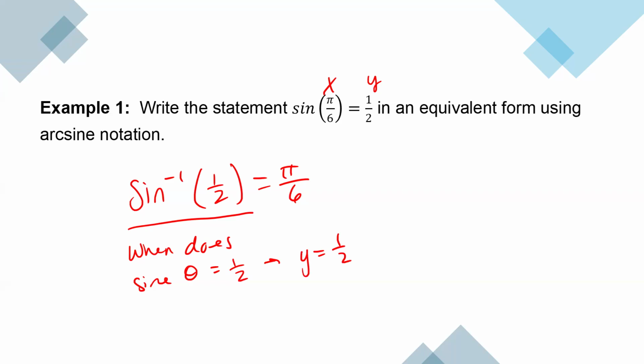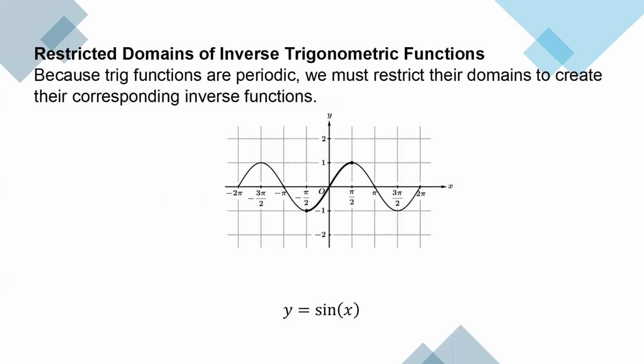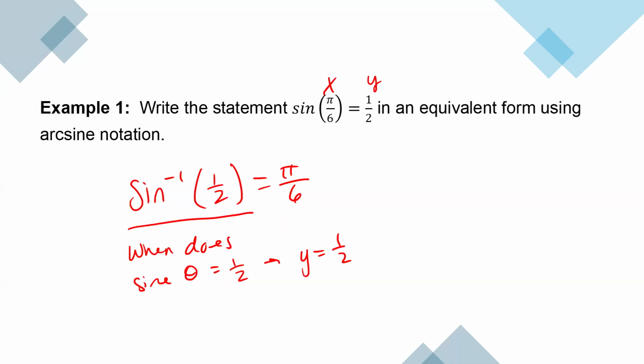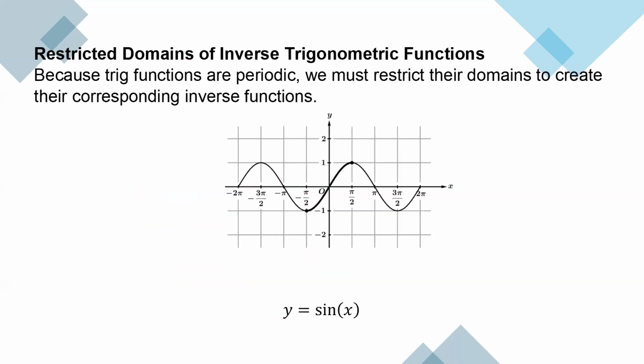So with sine and cosine, because they are sinusoidal functions, they are periodic, right? The pattern is going to repeat over and over and over. When we learned about inverse functions in algebra, we talked about the fact that for inverse functions, no x values repeat and no y values repeat, right?